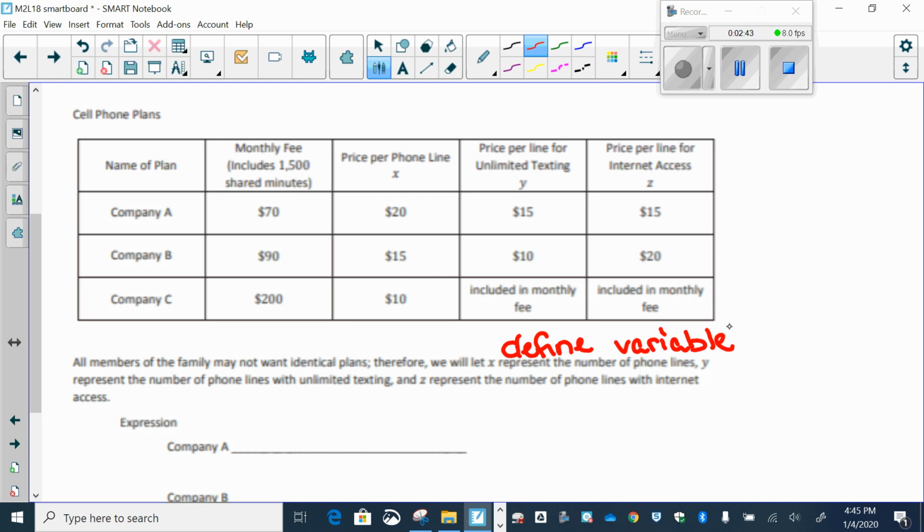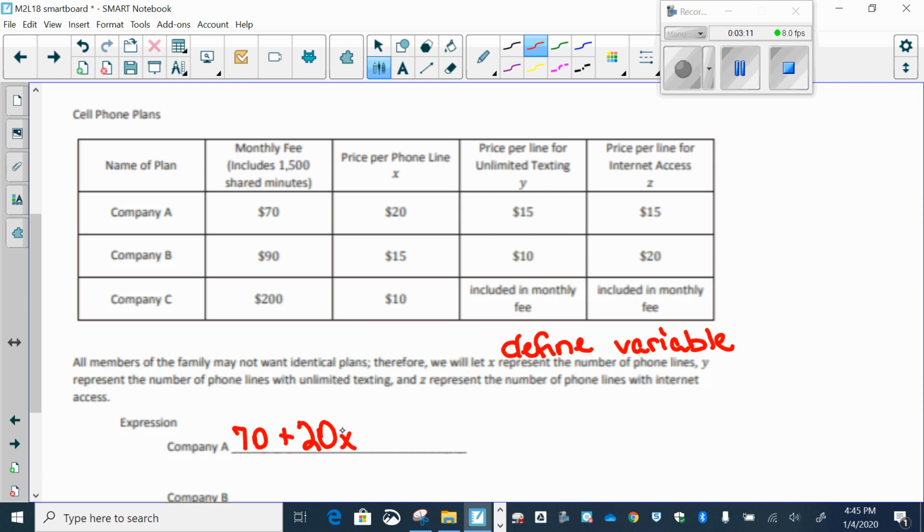So let's write the expression that represents Company A. Company A, you're going to have to pay $70 just to go with them. And then you're going to pay $20 for every phone line. So you're going to do 20, and every phone line is x. Because maybe your family wants 4 phone lines, but the next family only wants 3, or the next family wants 7.